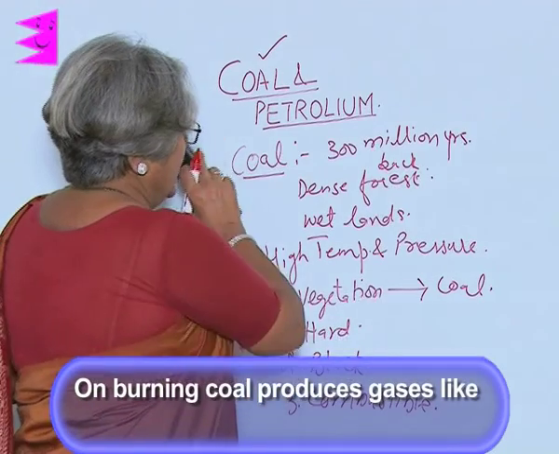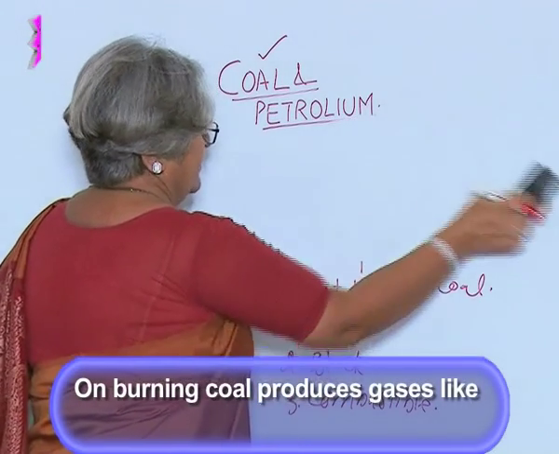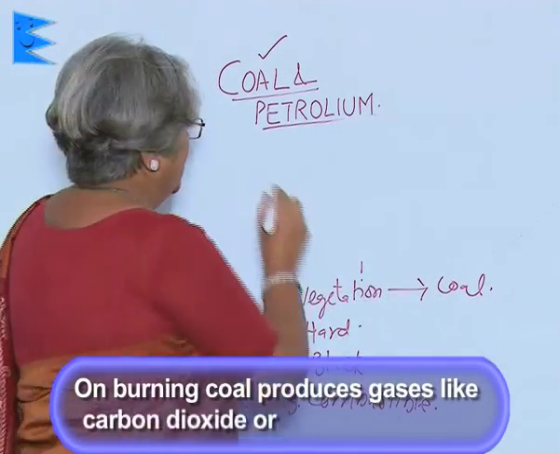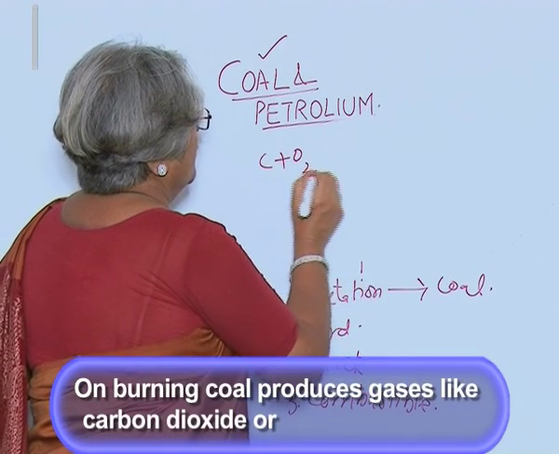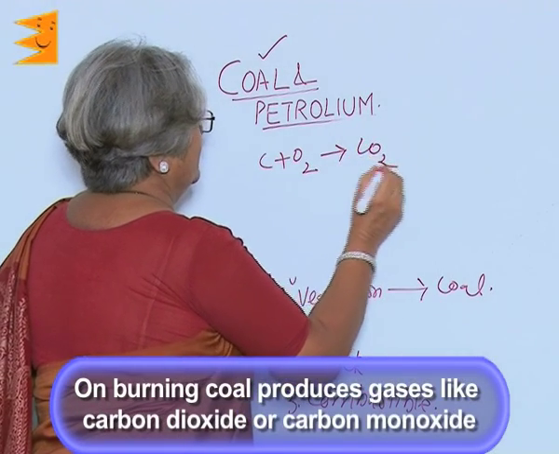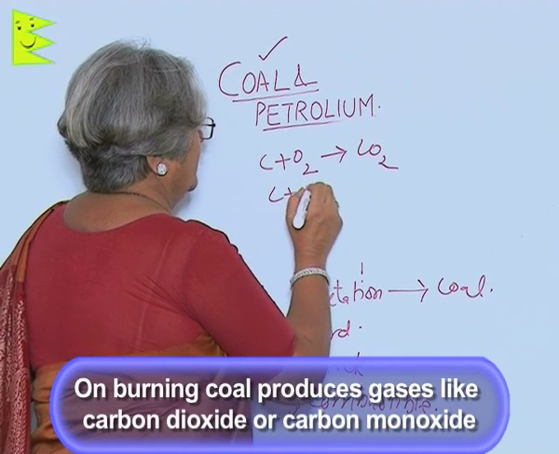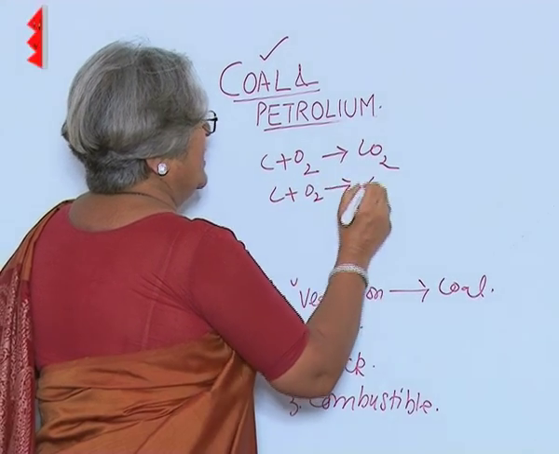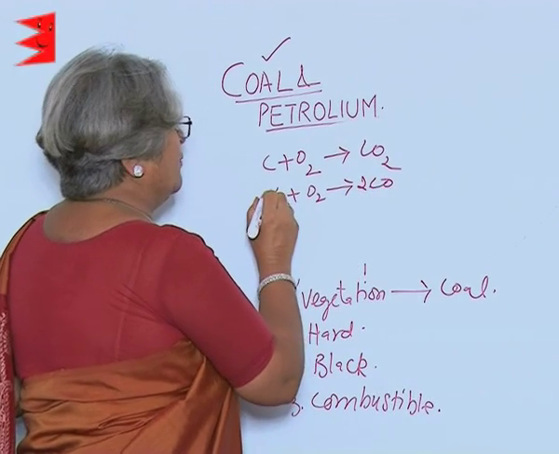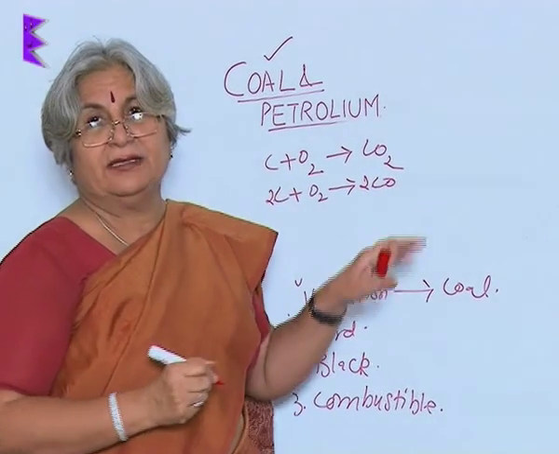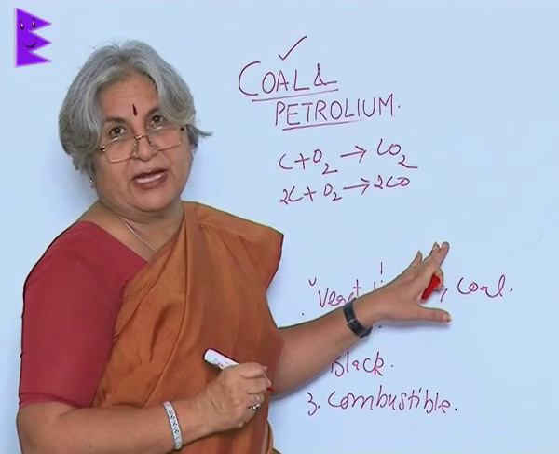When it burns, it produces gases like carbon dioxide or carbon monoxide. When there is not sufficient amount of oxygen, then it forms carbon monoxide.